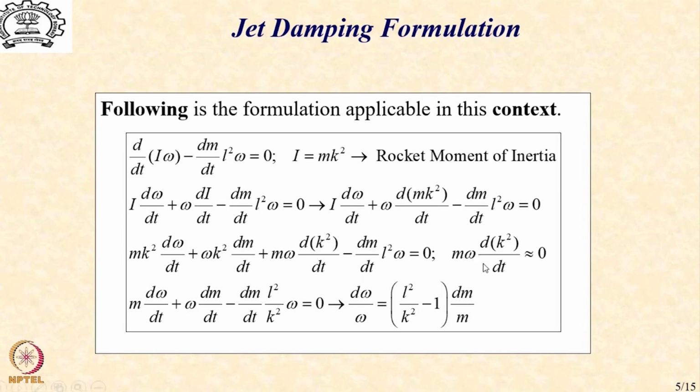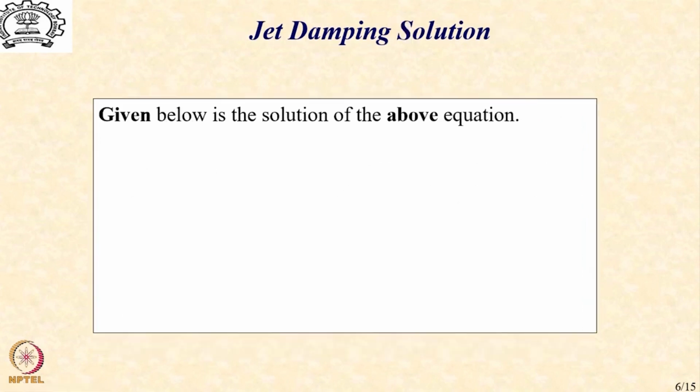So the product of two small quantities anyway is expected to be small compared to other quantities present in the differential equation. Let us now look at the solution of this differential equation, which is as given below.